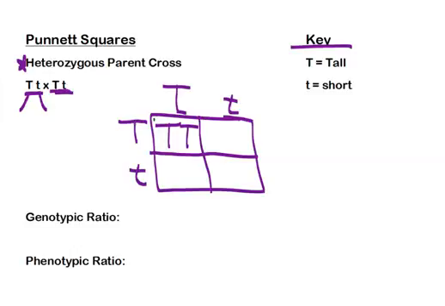The next possible combination when these gametes combine is a heterozygous combination. Third possible outcome is another heterozygous combination. And then our fourth box will represent the third possible combination, which is homozygous recessive.